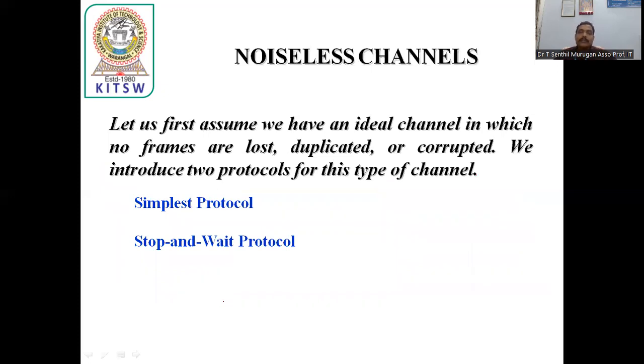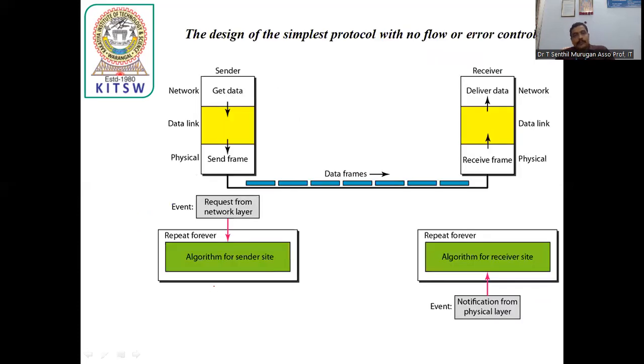So first we will discuss the noiseless channel. What is a noiseless channel? There is no disturbance, there is no noise. In the channel, no frames are lost, duplicated or corrupted. That is considered a noiseless channel. In this type, we have two protocols: the simplest protocol and the stop and wait protocol.